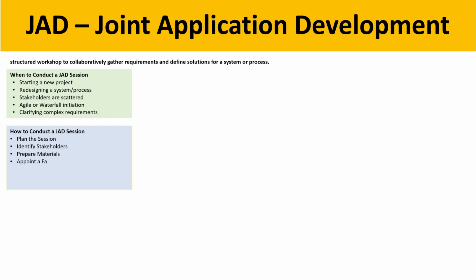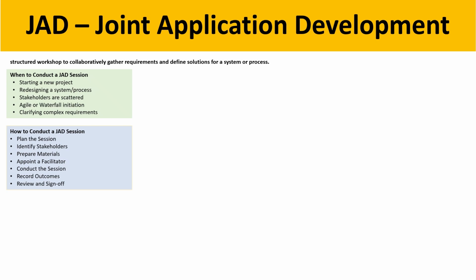The very first thing to always remember is that whenever you are planning to conduct a JAD session, make sure you plan appropriately. Before scheduling a JAD session, you have to identify a list of stakeholders who are going to be involved in your JAD session.